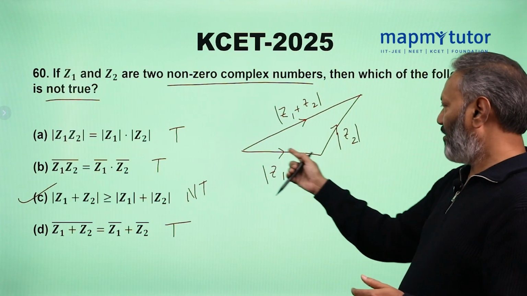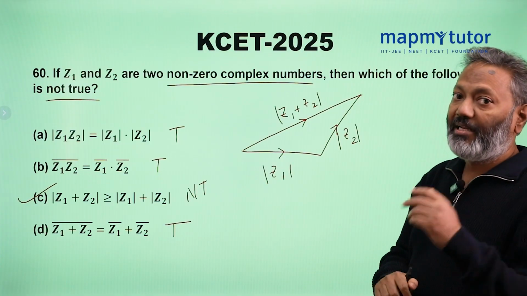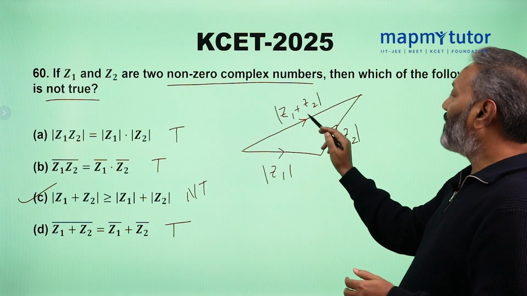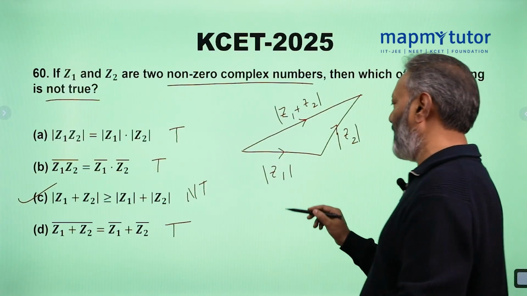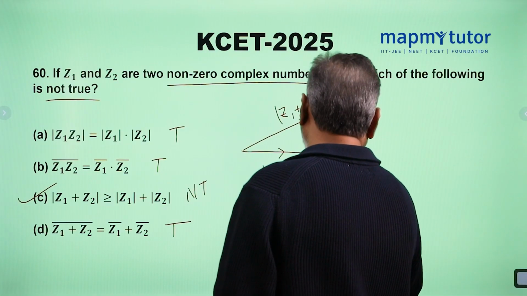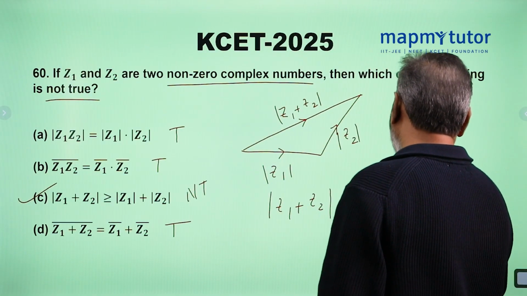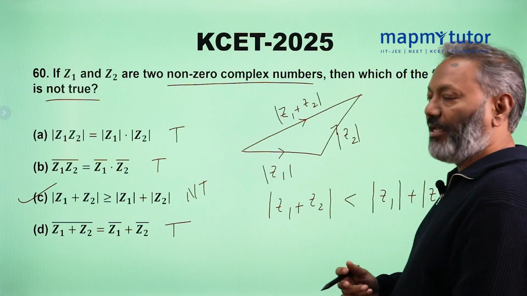Mod Z1, length of the first side, mod Z2, length of the second side, and the length of the third side. What is the triangle inequality we have? Length of the third side is always less than the sum of the lengths of the two sides. So, from that, mod of Z1 plus Z2 is always less than mod Z1 plus mod Z2. This is what the triangle inequality says.